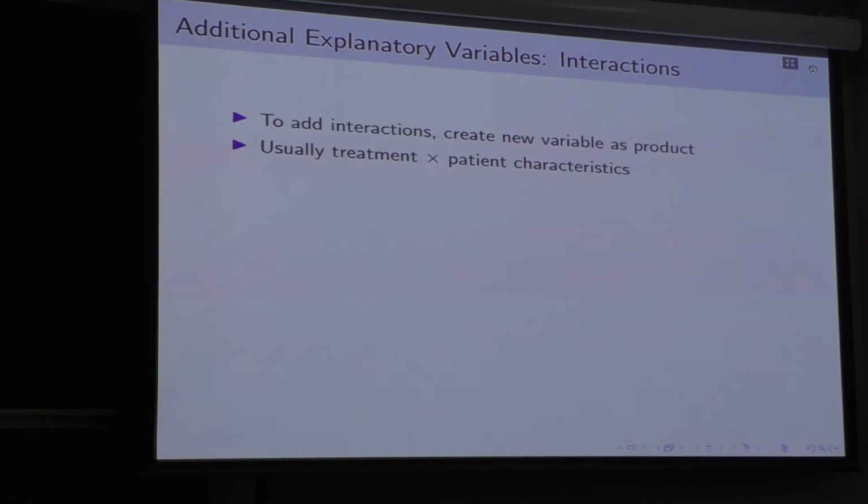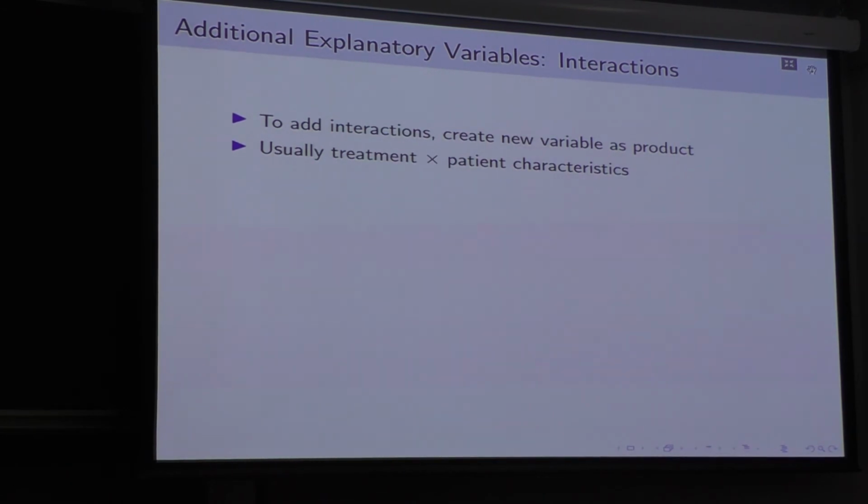Most often in these settings, you wouldn't consider all possible interactions. For a start, you might consider, does the treatment behave differently for different types of patients? So you would focus at least first on treatment by patient characteristics.